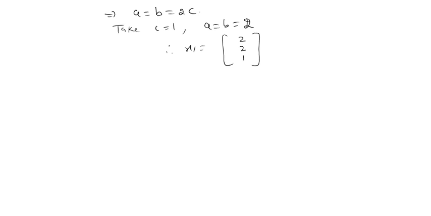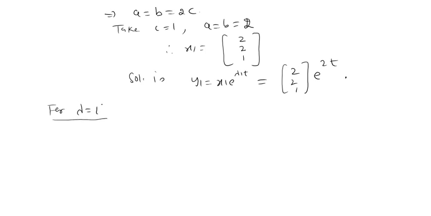So the corresponding solution is y1 equal to x1 e^(lambda 1 t), which is (2, 2, 1) e^(2t). This is the solution for the real eigenvalue 2. Now you solve for lambda equal to i, and you can also solve for lambda equal to minus i, but both are similar, so just solve for one complex eigenvalue.